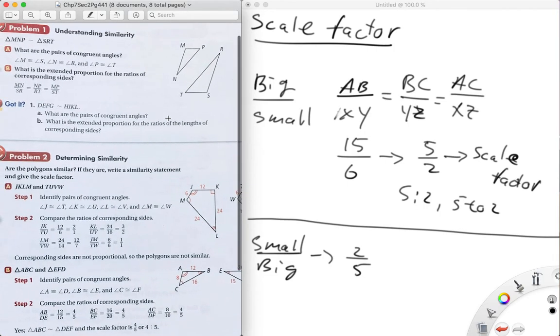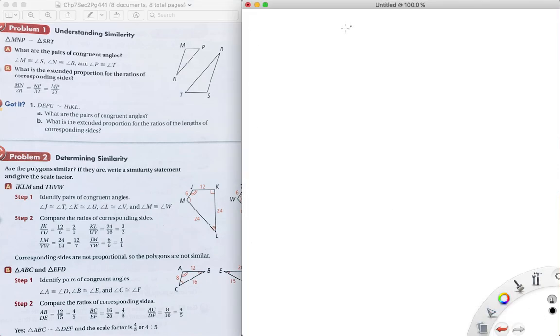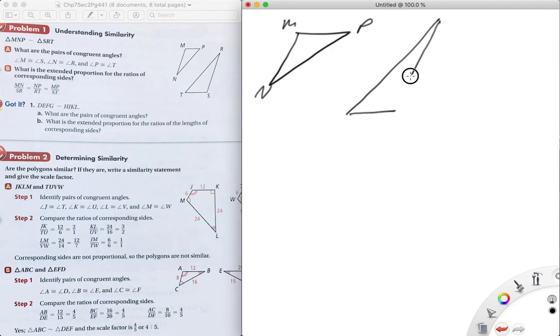Alright. Here we have these two triangles. MPN, a bigger triangle, and TRS. They want to know what the congruent angles are.